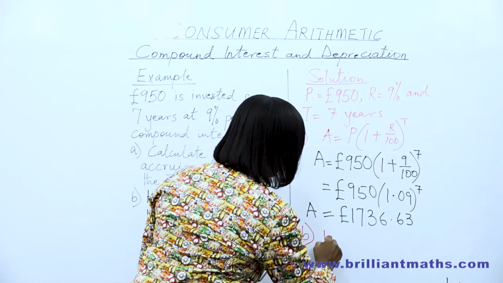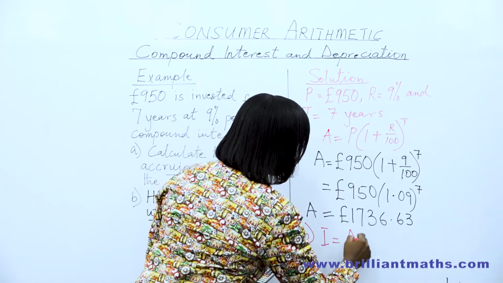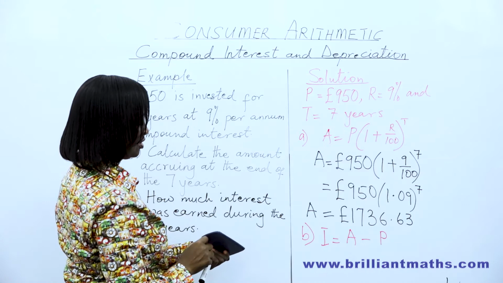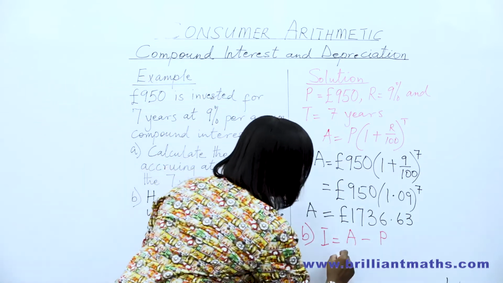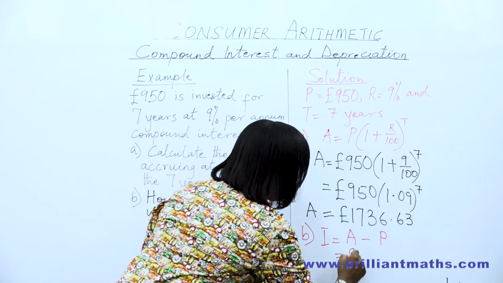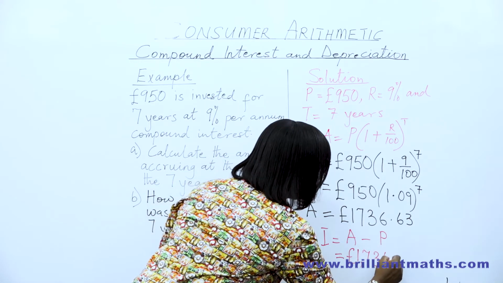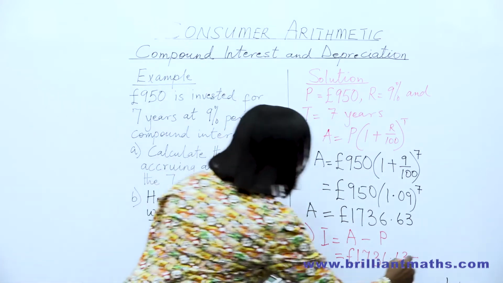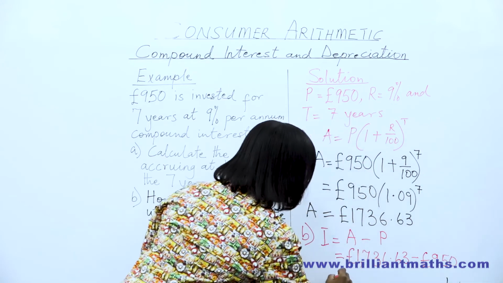So interest is equal to A minus P, leaving it as short as that. So that will give us 1,736.63 minus 950 pounds.